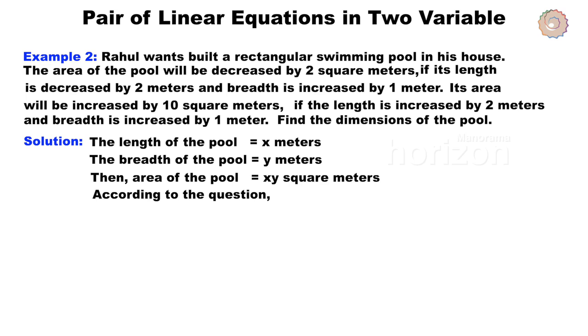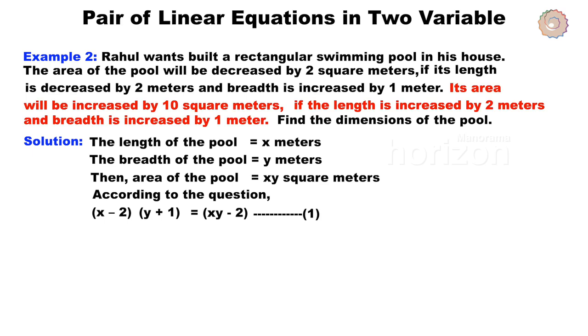Decreasing the length by 2 meters means it's x minus 2 and increasing the breadth by 1 meter means y plus 1. To get the area, we multiply the new length and breadth, and 2 square meters less than the old area means xy minus 2. Let's consider this as equation 1.